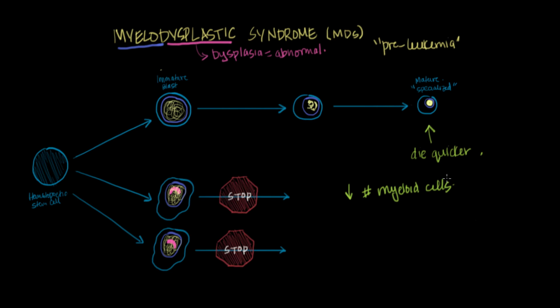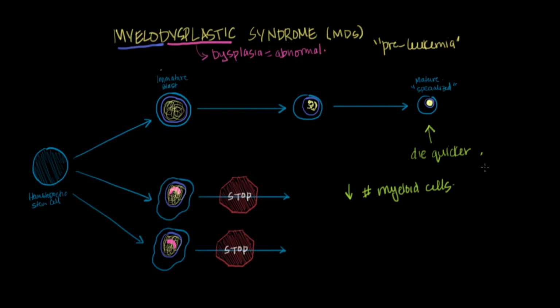Okay? And that's really where the symptoms of myelodysplastic syndrome come from. And we talked about that a little bit before, the symptoms that you get when you don't have enough red blood cells or enough platelets or enough white blood cells. So these patients, unfortunately, require constant transfusions. They require constant supplementations with the types of cells that they're missing in order for their bodies to continue functioning the way that they should.